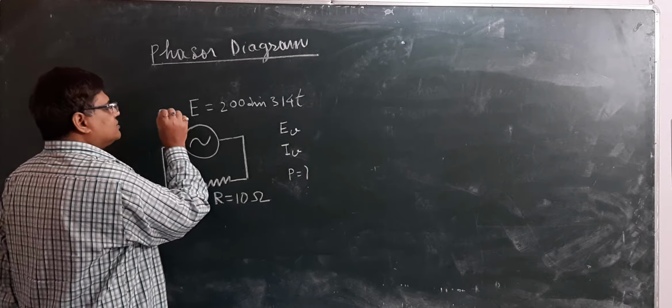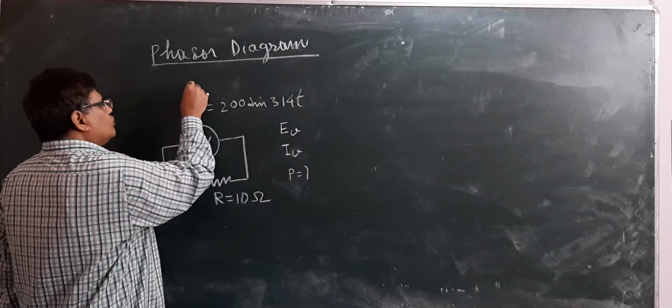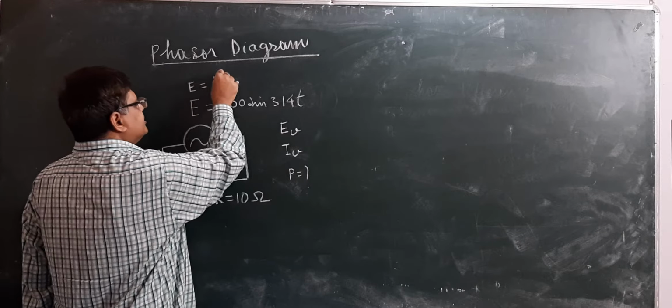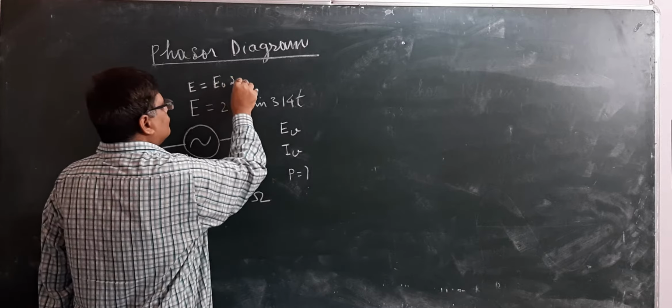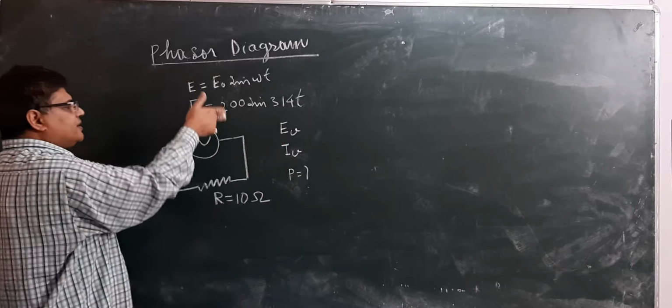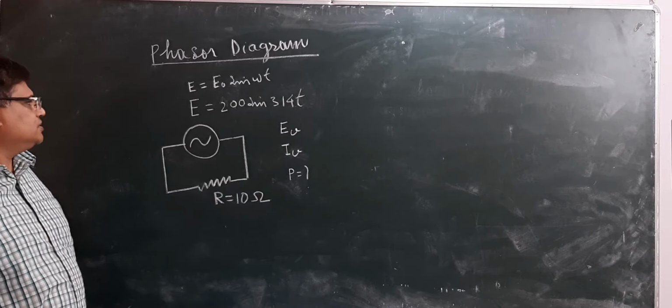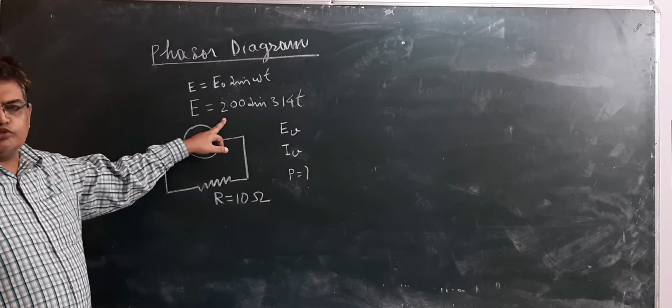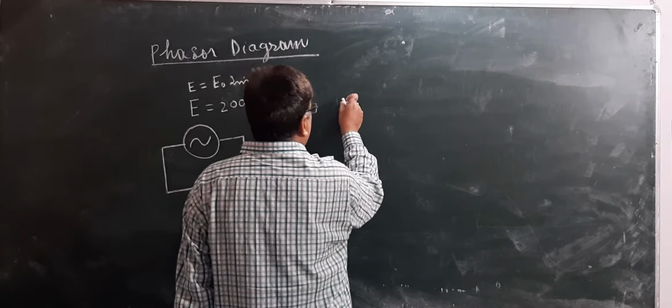Compare this equation with the fundamental equation E is equal to E naught sine omega t. If we compare these two terms, then straight away we can write that E naught is equal to 200 volt.